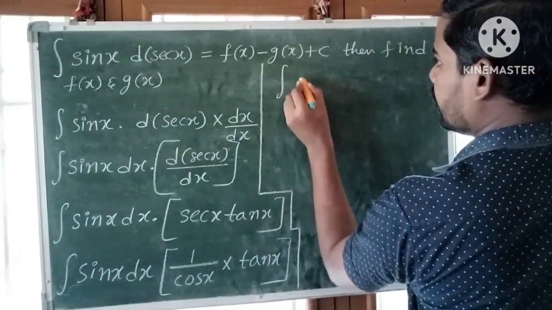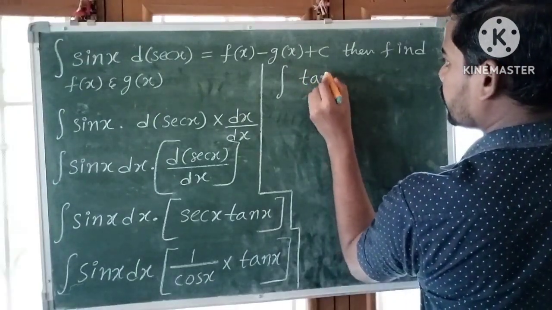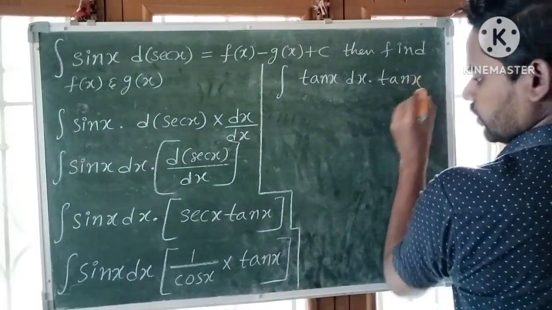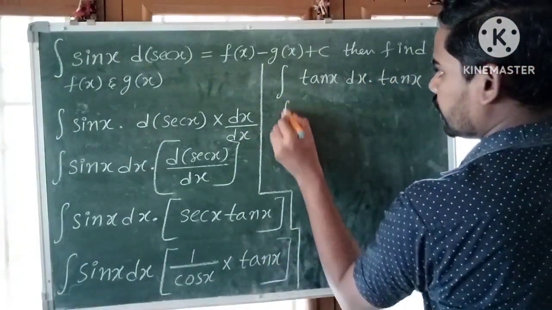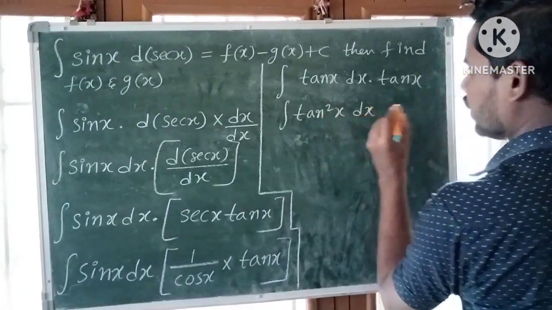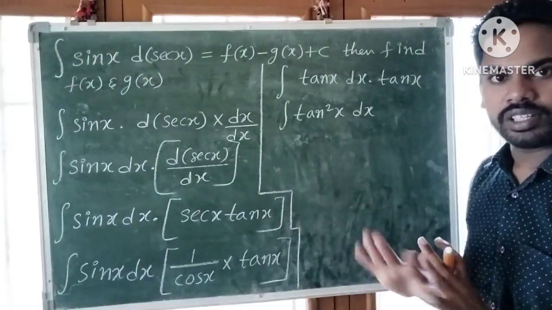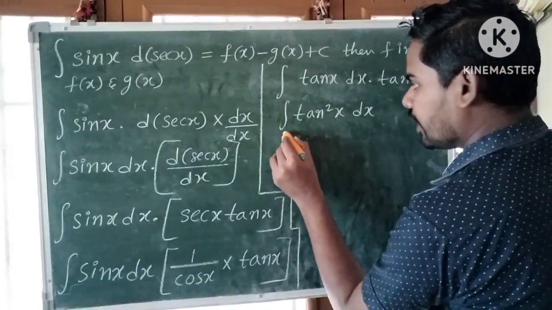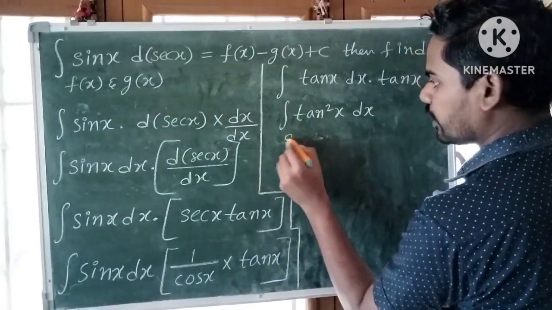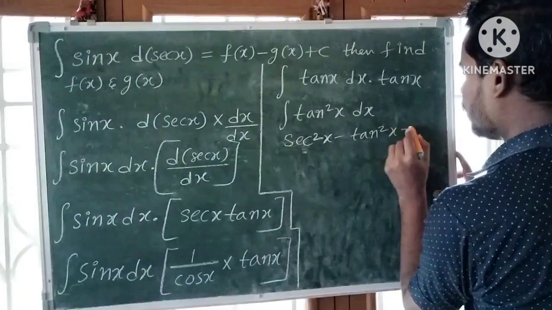Now integral sin x by cos x tan x dx, into tan x into tan x. Tan x into tan x is tan square x. Integral tan square x dx. So we do not have a direct formula for tan square x. But we know the trigonometric identity: secant square x minus tan square x is equal to 1.